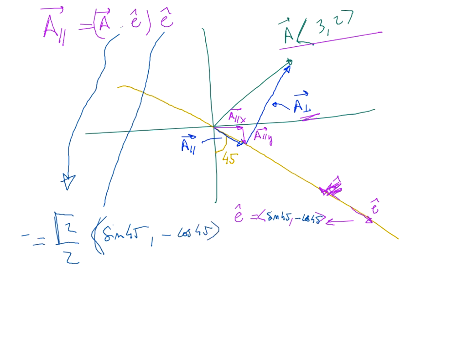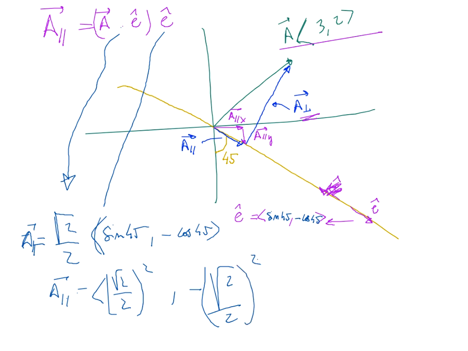Therefore, our final vector, A parallel, is nothing else but square root of 2 over 2 times sine 45 and square root of 2 over 2 times cosine 45. This is this vector expressed in component notation. This indeed is positive and this indeed is negative, as predicted, if I use my standard x and y.